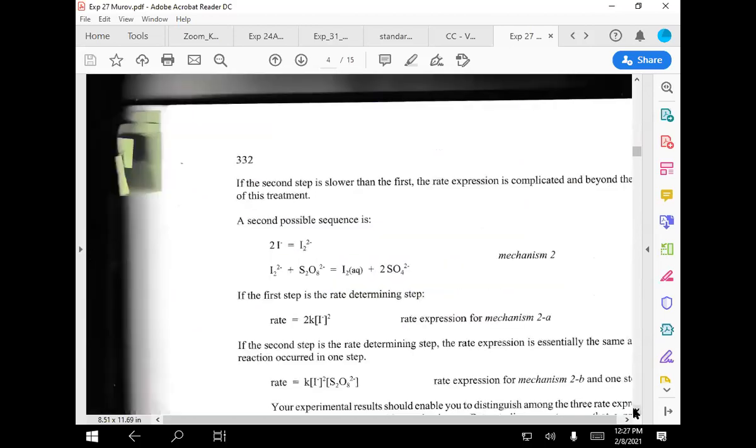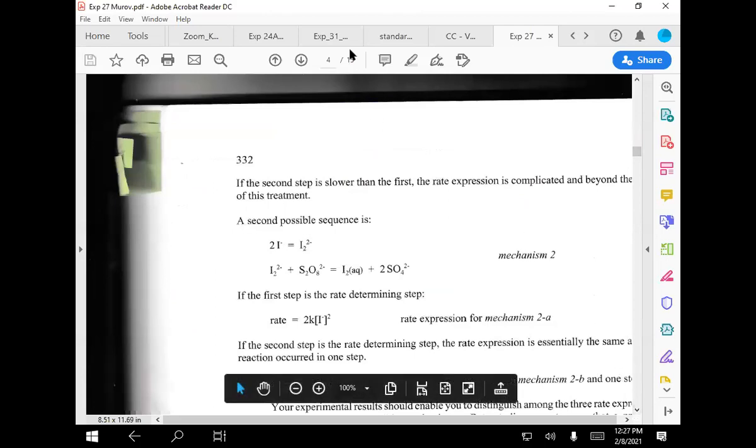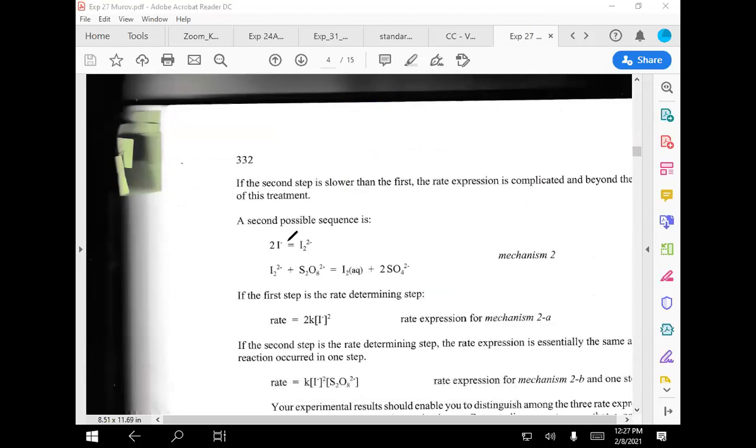Now we have a possible other mechanism. This is our mechanism 2. So this is saying that in this 2-step mechanism, 2 iodides would combine to give you this weird diiodide, which in turn would combine with the thiosulfate to give you the iodine plus 2 sulfates.